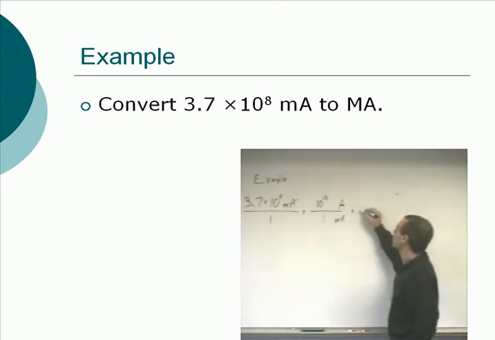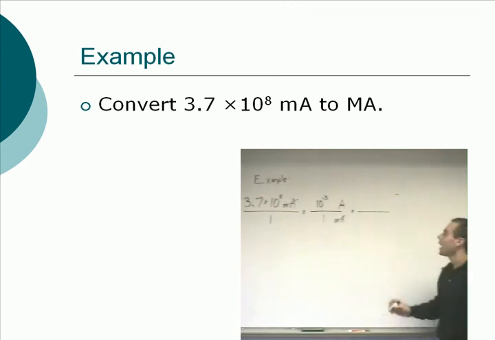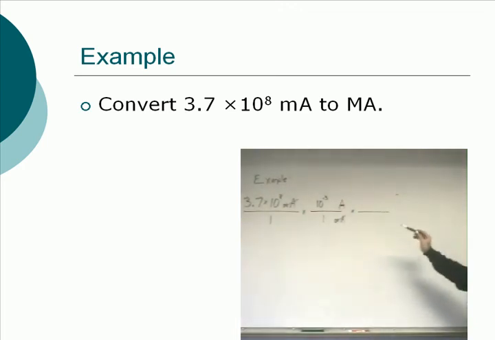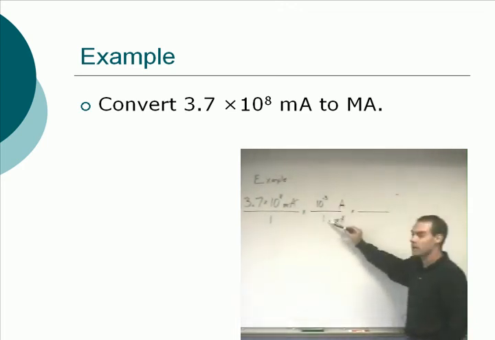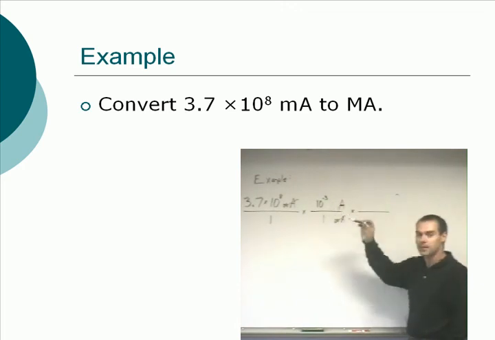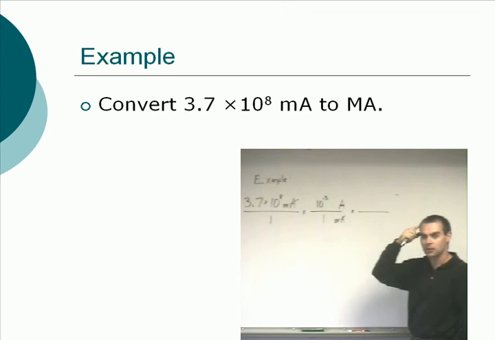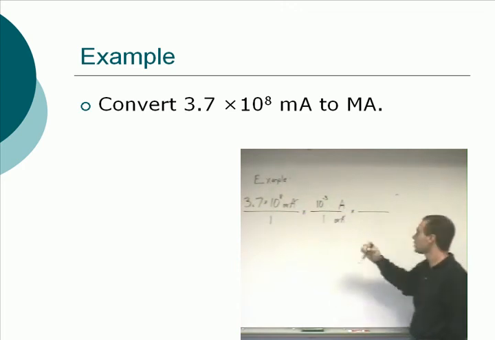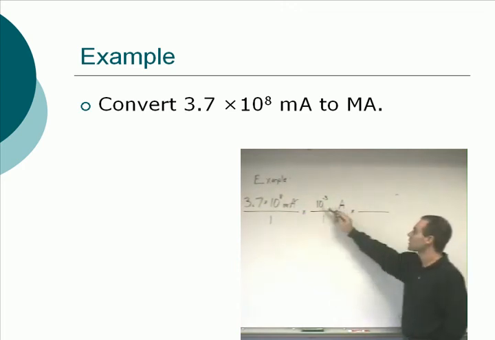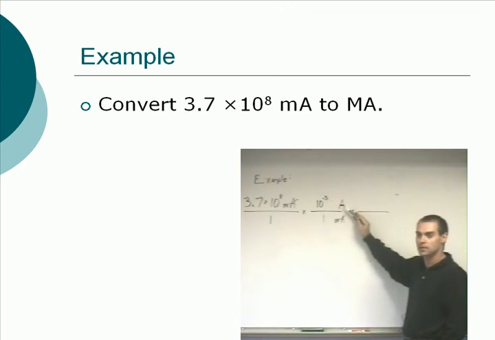Now let's keep going. What Ryan asked was, could we put 1 amp as 1,000 milliamps? And the answer is yes, you could. The reason I wrote it like this is because if you memorize the prefix meanings, which you should have, you can just say that 1 milli means 10 to the negative third of whatever our base unit is. Okay?